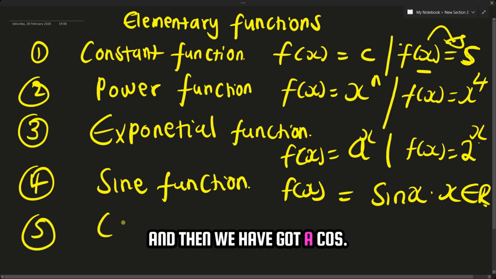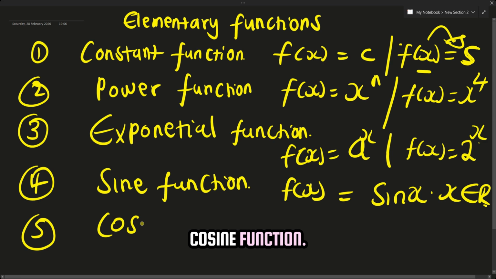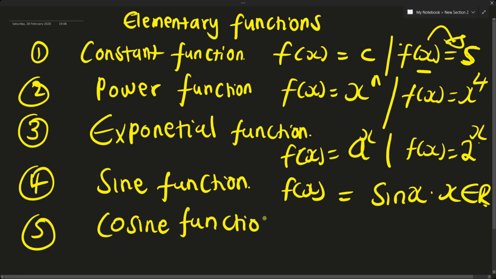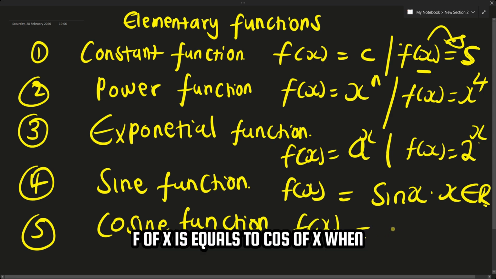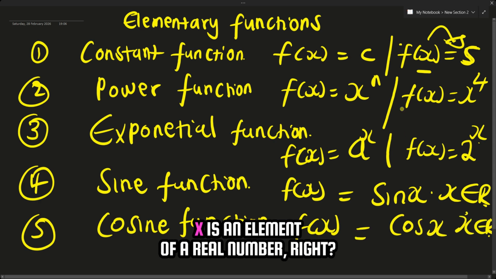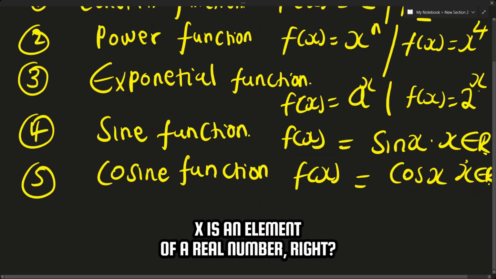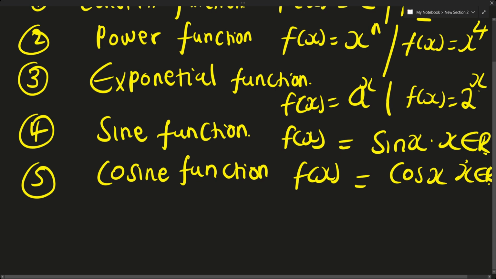And then we have a cosine function, f of x is equal to cos of x, when x is an element of the real numbers, right?